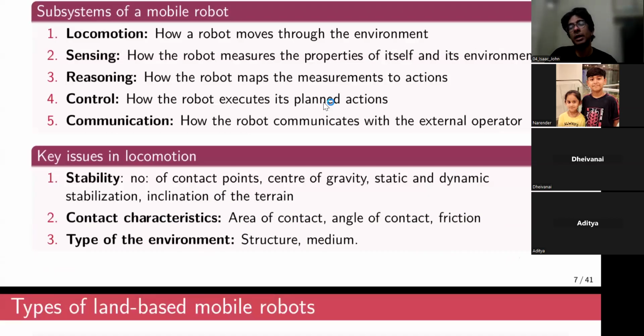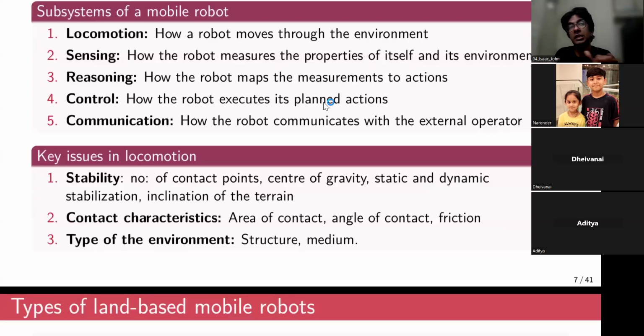Similar problems can be faced by robots, because with a lack of friction, it may not be able to generate the necessary tractive forces to propel itself. Those things come under contact characteristics.